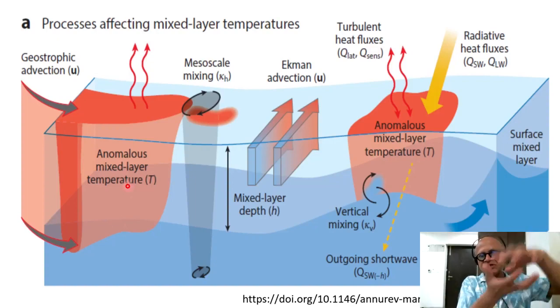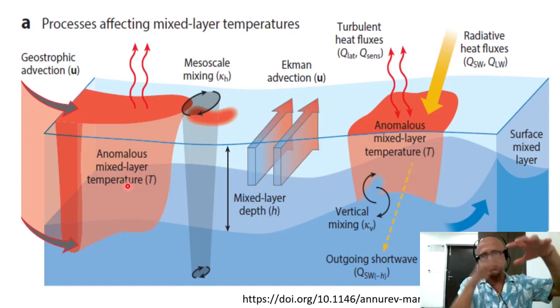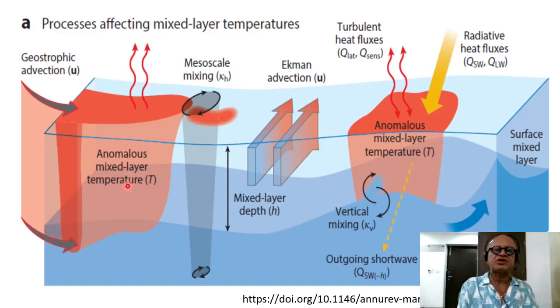So you can change the mixed layer temperature by either changing the depth, typically making it shallower. You can warm it if other conditions like heat fluxes remain the same and the entrainment is reduced, and so on and so forth.